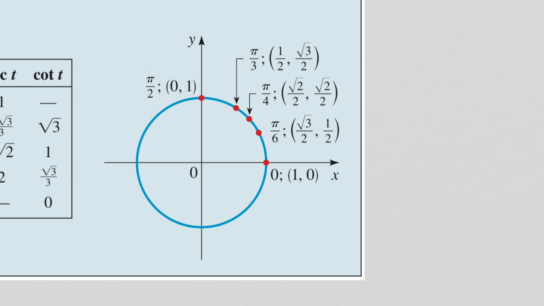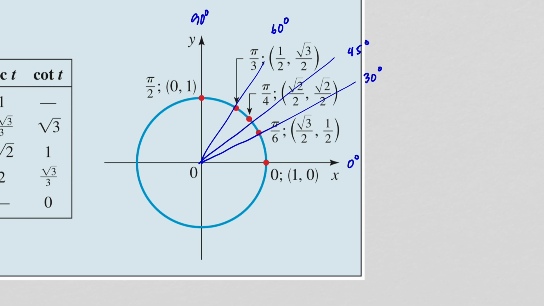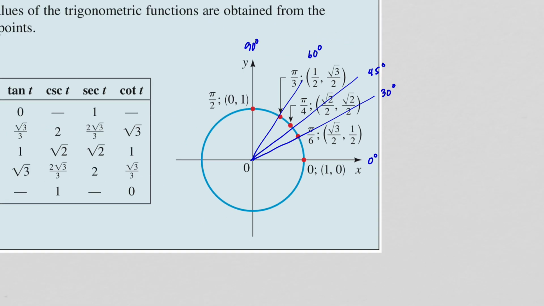Let's keep in mind that these correspond to special angles. Of course, this is 0 degrees down here. This will be 30 degrees here, 45 degrees here, 60 degrees, and then up here we have 90 degrees. The reason pi over 6, pi over 4, and pi over 3 are special angles is because they correspond to special angles in degree measure.